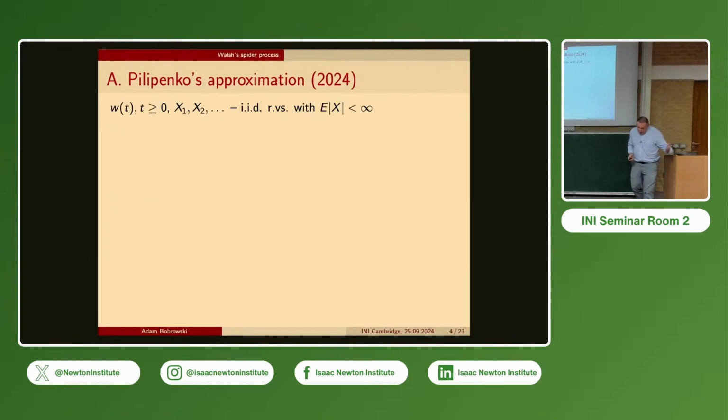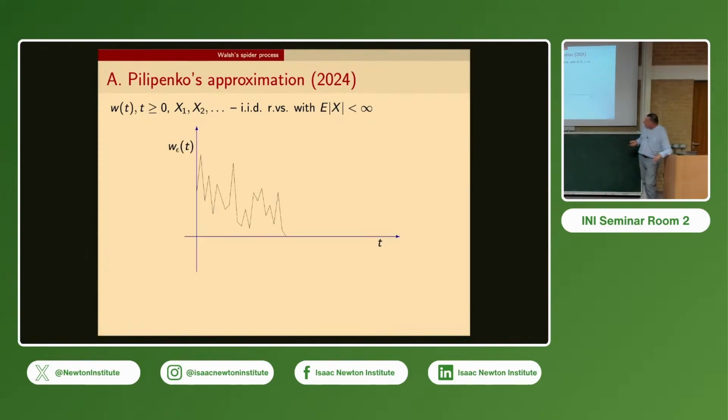Another approximation, I have just learned about this, is Andri's approximation. This is very neat also. So we start with regular Brownian motion, and independent IID random variables with finite expected value. And the construction is as follows. For each epsilon larger than 0, we consider the following process.